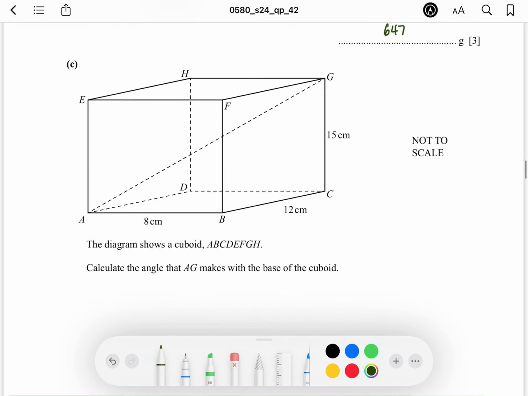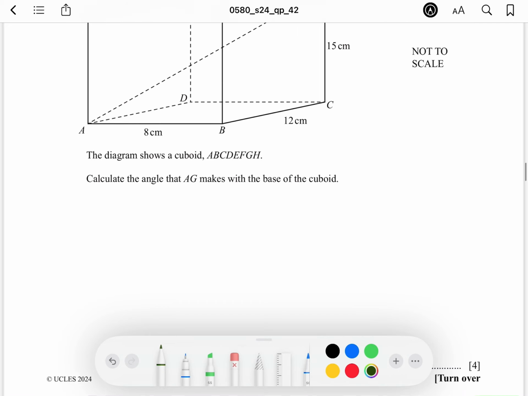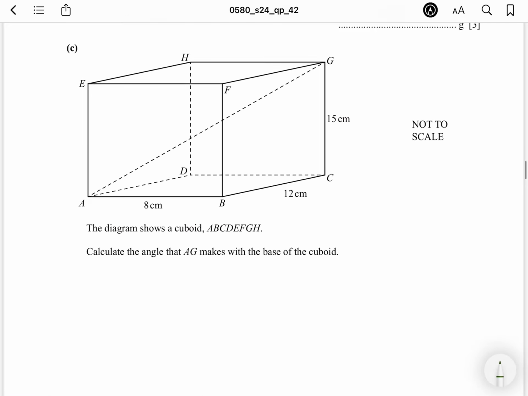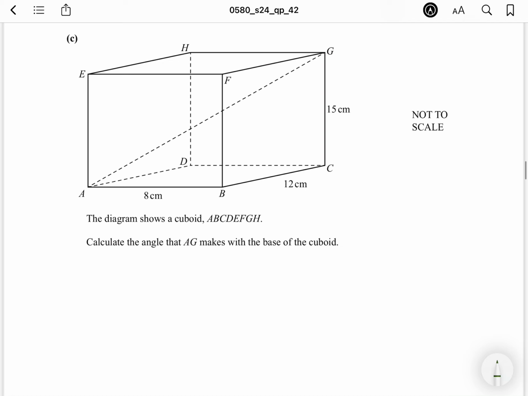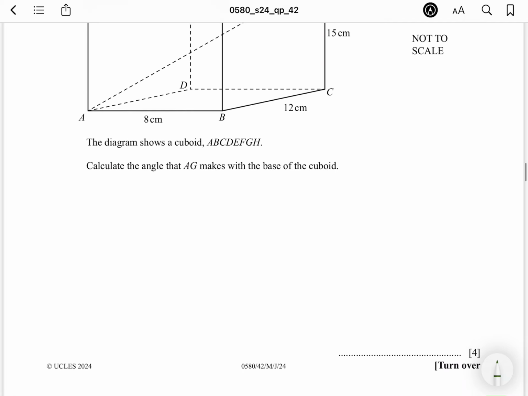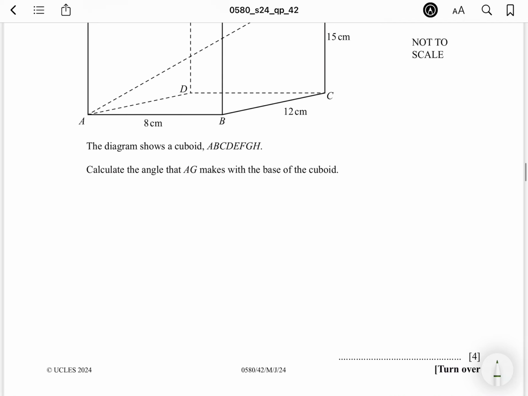Right? Okay. Next question. Another 4 marks.